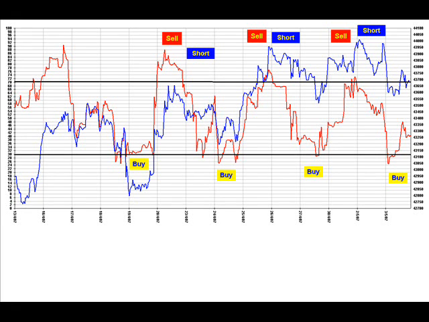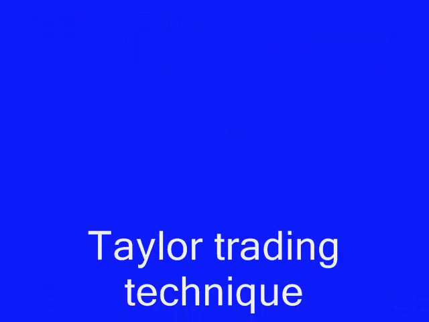On the other hand, when the index is up on the 70 line and it crosses the 70 line from the left, that's a sell day, and when the same index comes back and crosses down the 70 line, that's a sell short.